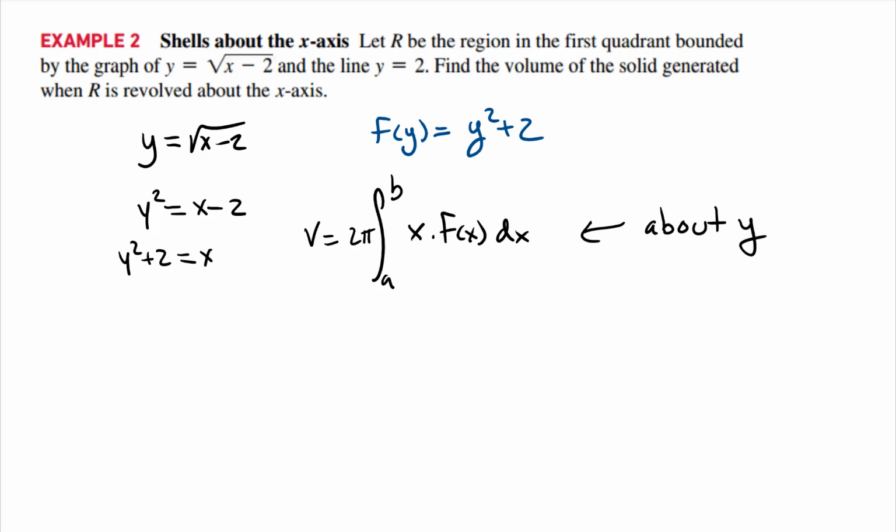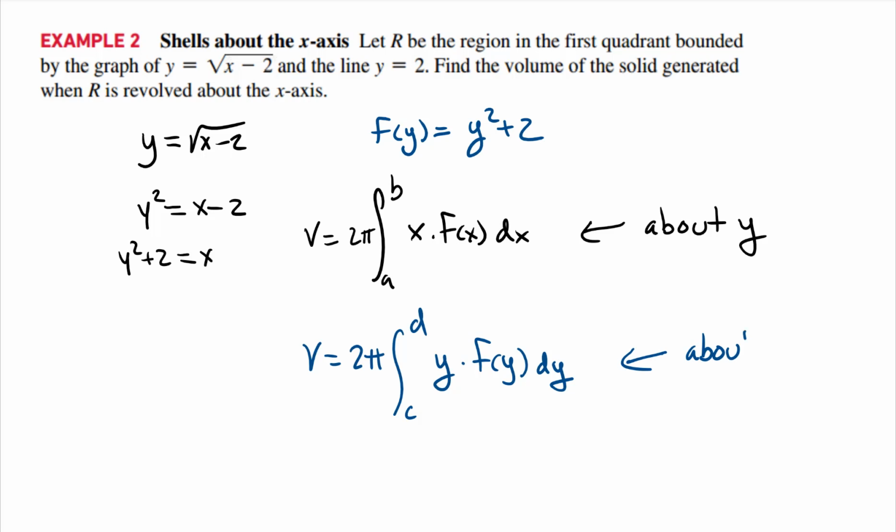We're going to do this about x. So our volume is going to be 2 pi from some c to d of y times f of y dy. That's about the x-axis.